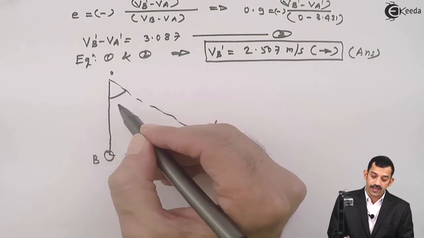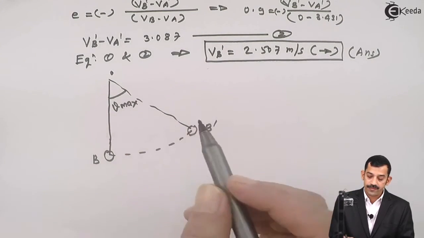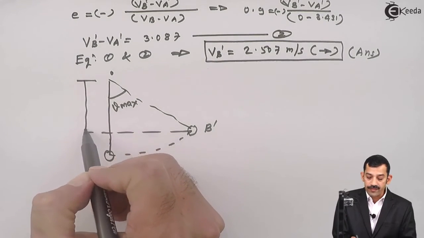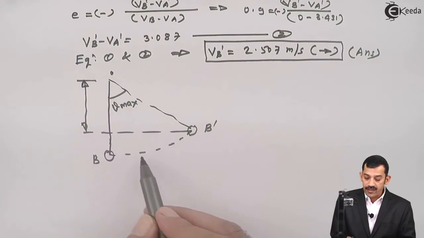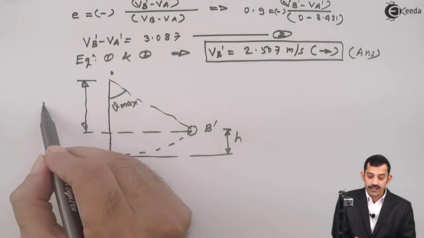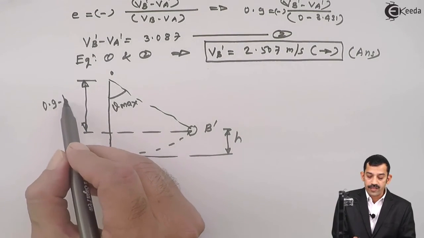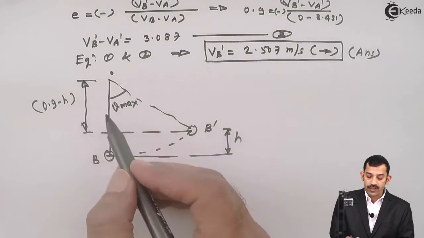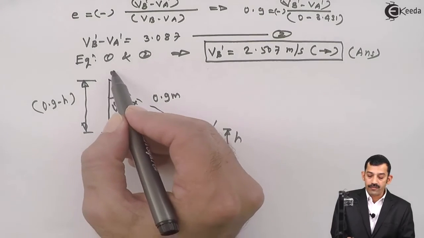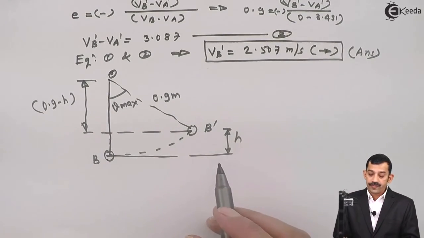The maximum angle of swing is theta max. Now if we draw a line here, at this height it attains, say h, so this length becomes 0.9 minus h, because the total length of the pendulum string is 0.9, and this is also 0.9 meters, OB dash.